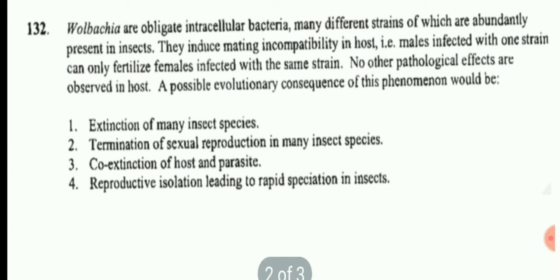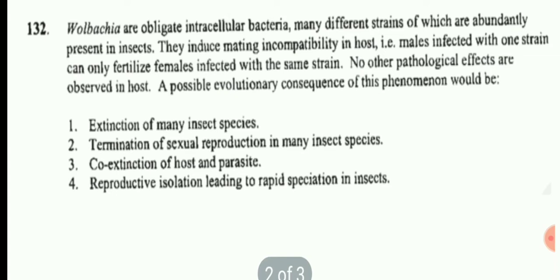Second option, termination of sexual reproduction in many insect species. Third, co-extinction of host and parasite. Fourth, reproductive isolation leading to rapid speciation in insects. The correct option is the fourth option.